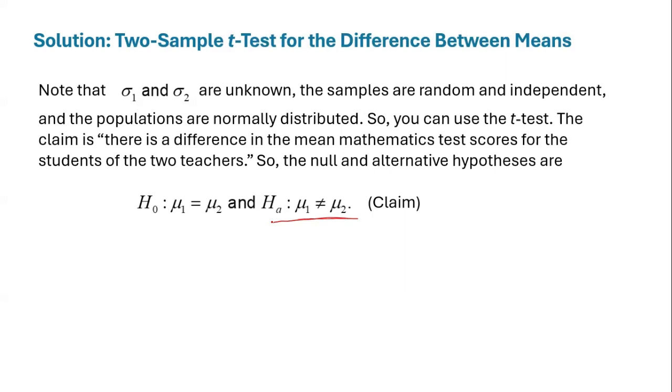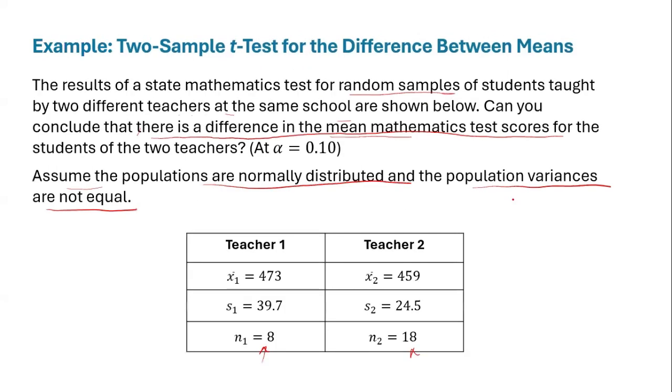So the next step is finding the critical values and the rejection region. Since sigma, or the population standard deviations, are unknown, we are going to use t-test. If you're using t-test, you need a degrees of freedom. So how do we find the degrees of freedom? Go back to the table.